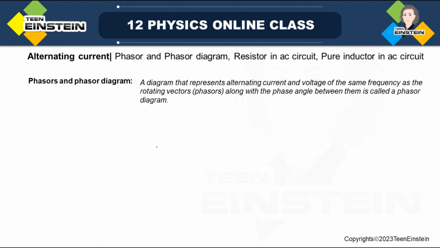See, what is a phasor and why do we need this phasor diagram at all? In DC circuits we have seen that we may have a resistor, a capacitor, an inductor. We may have these circuits in AC also.